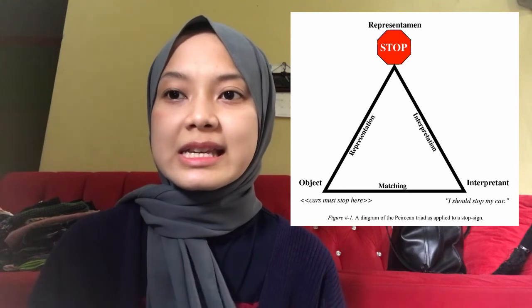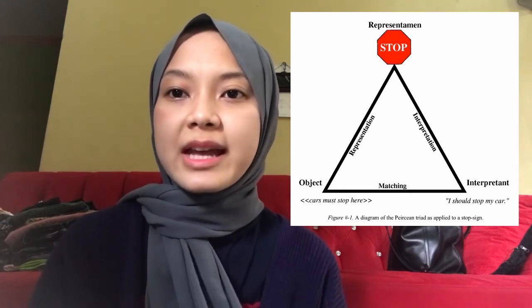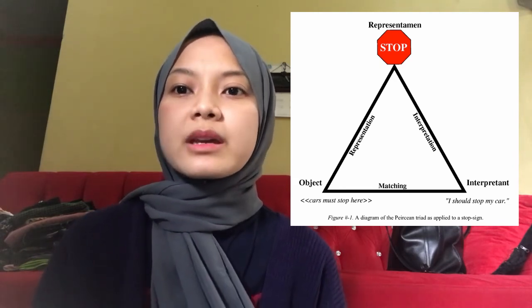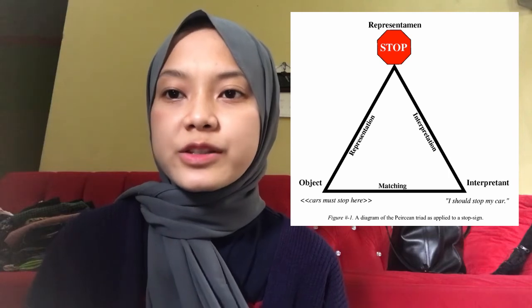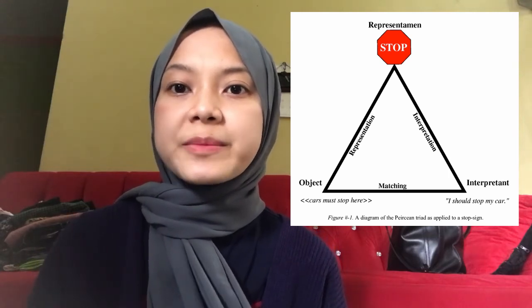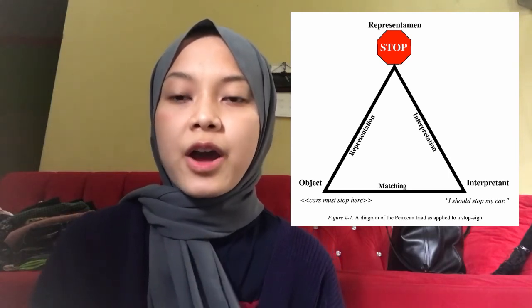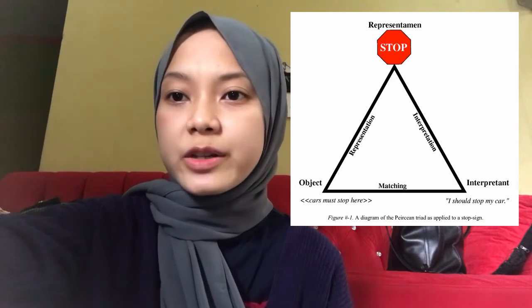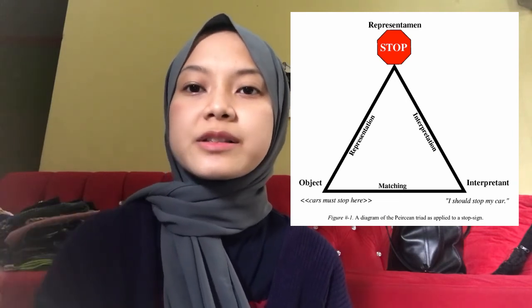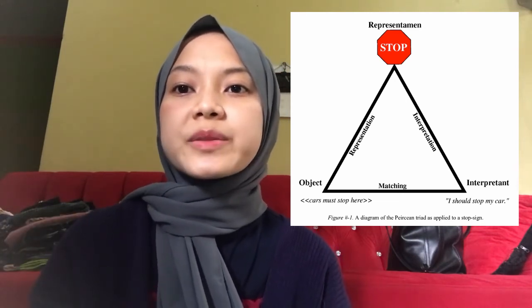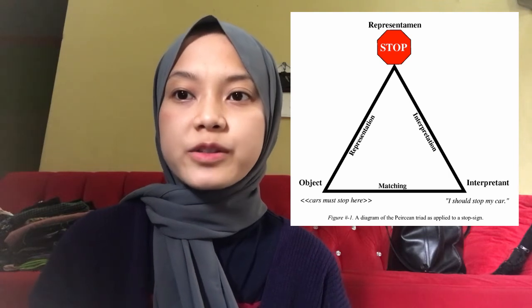That is, it's the meaning of the sign. The representamen is the stop sign itself, the sign's manifestation in the world. Finally, the interpretant or response to the sign is the successful one of the interpreter understanding they must stop their car.